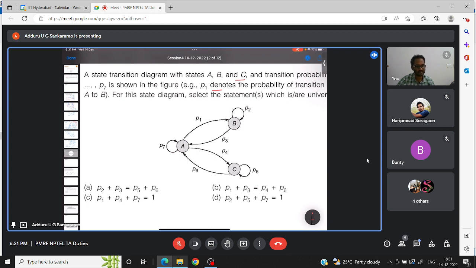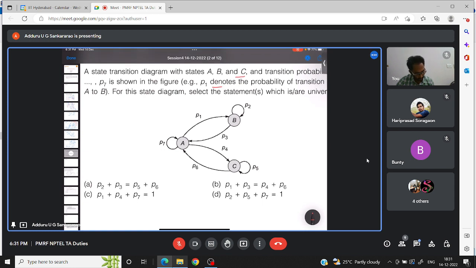So you are in state A, you have applied some clock pulse, then the circuit may stay in the same state, or it may go to any other state. So I'm in state A.